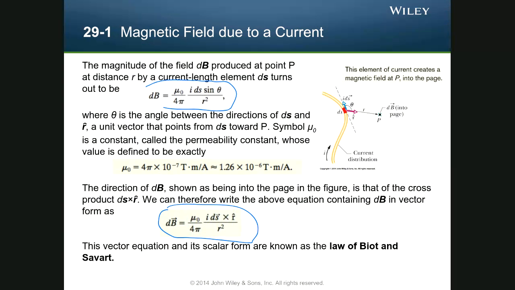And you have this r hat here. This is nice because when you write the magnitude of the differential magnetic field, the magnitude of that r hat vector is going to be 1, so you have I dS sine theta. Now, sometimes this can make things easy, sometimes it makes it really hard. And we're going to see 2 examples of this.